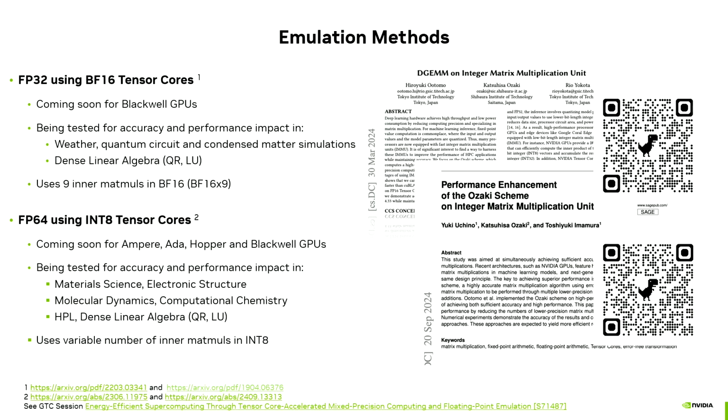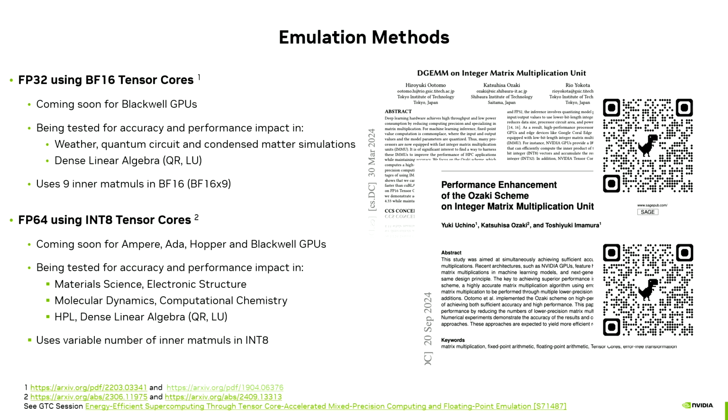There was a deep dive session yesterday by Samuel Rodriguez on emulation methods, so we're not going to go very deep into these, but you have the session and some QR codes for papers. You can take a look at those.